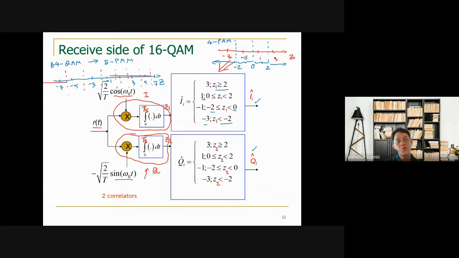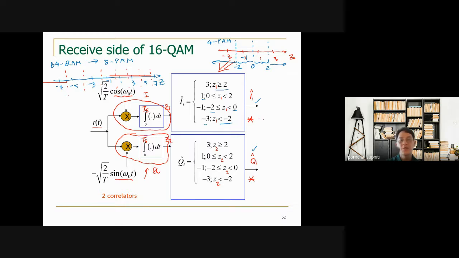The goal is to make a decision, using different blocks, in order to reduce the bit error rate or to maximize the SNR.